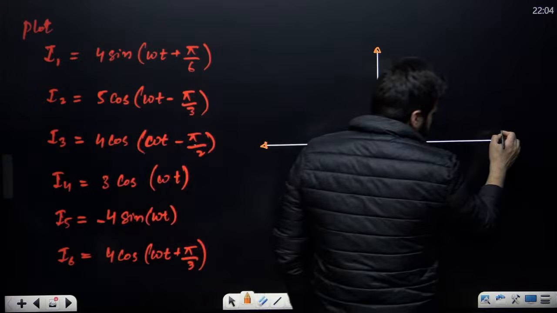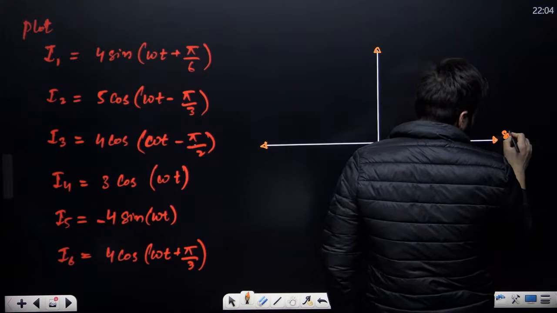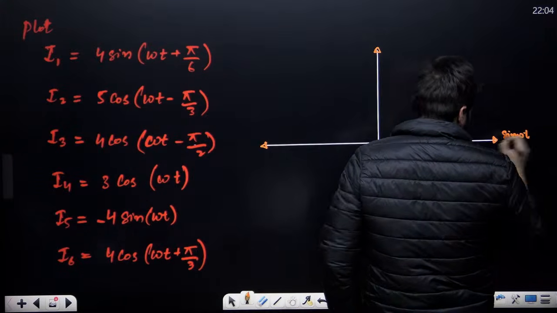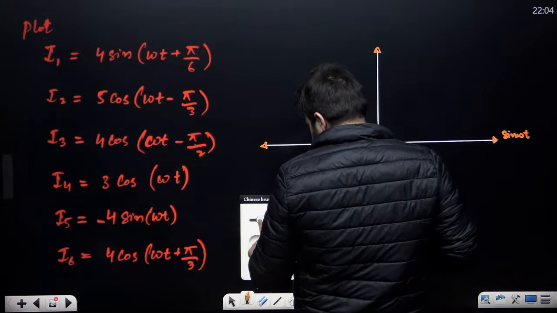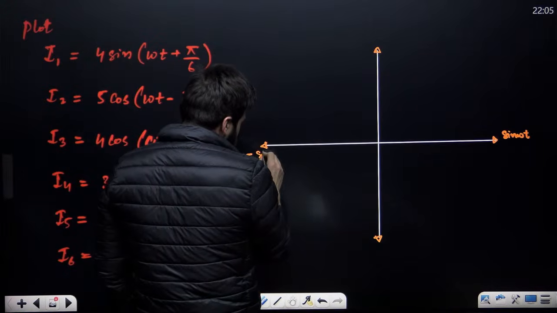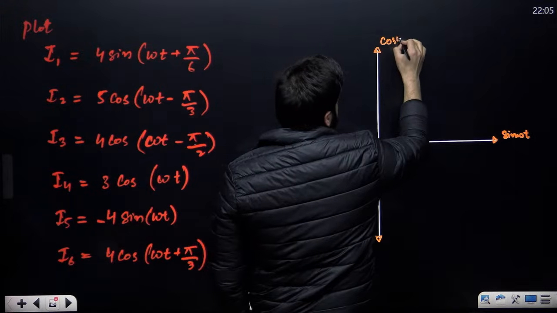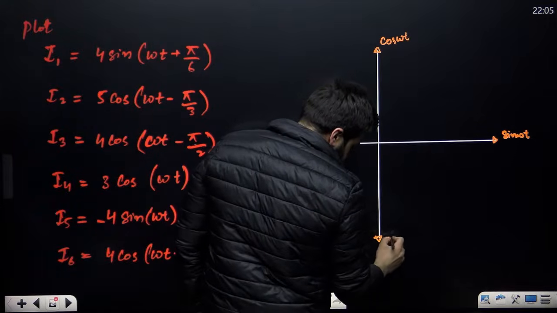On this axis, I'll be mentioning what? Sine omega t. That's what I told you recently. On this axis, minus sine omega t. On this axis, it is cos omega t. On this axis, it is minus cos omega t.